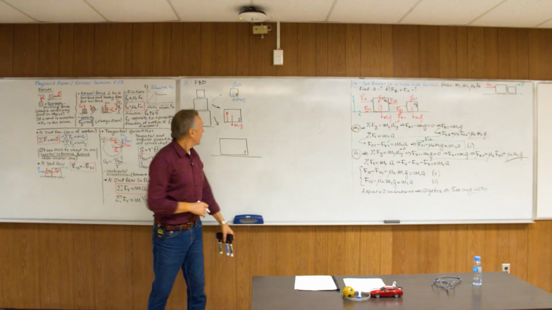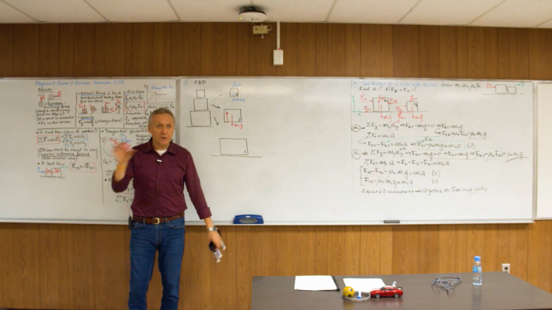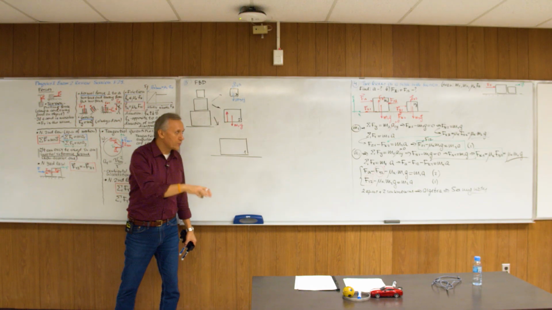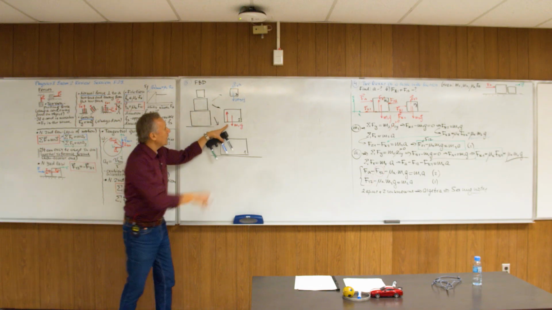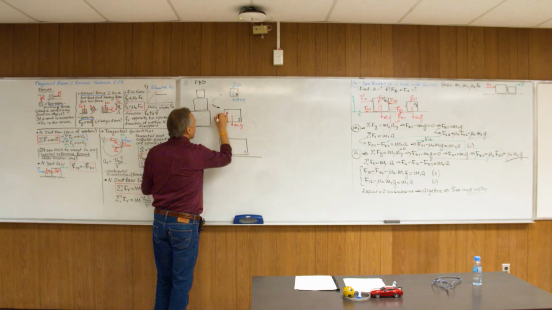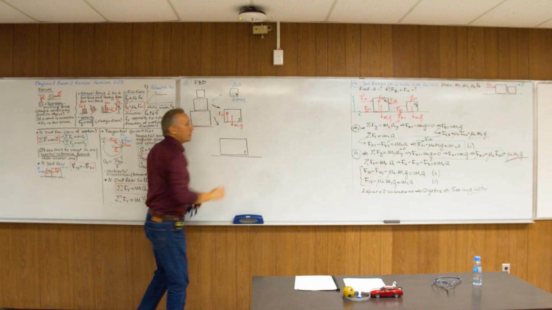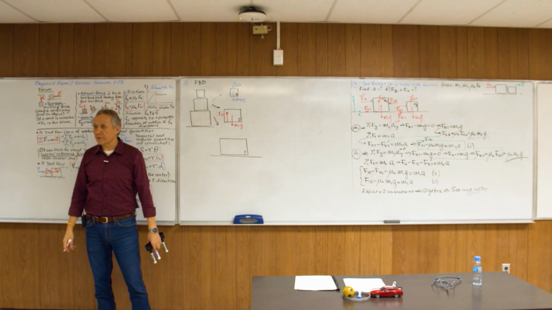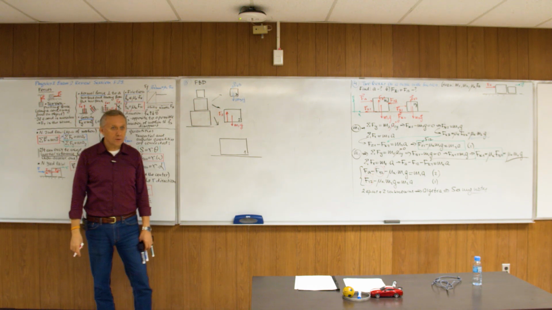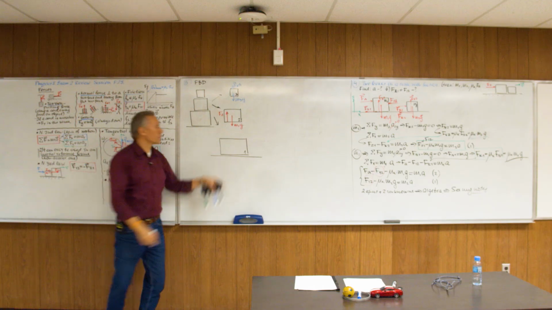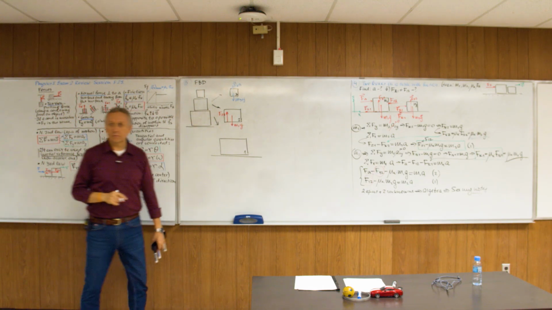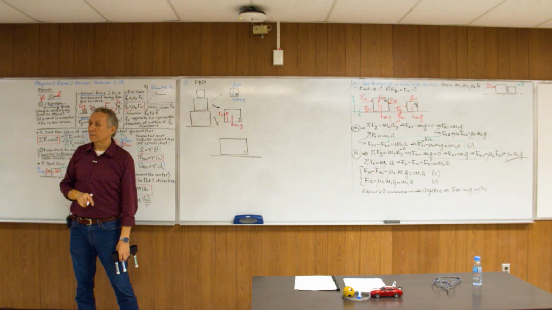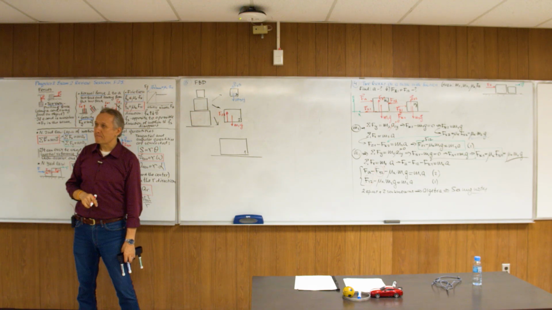You remember that the first subscript represents the object on which the force is being exerted. So in this case, the force acts on 2. Let me write it F2. And what is the source of the force? Who is the bully? In this case, object 1, of course. So F21.